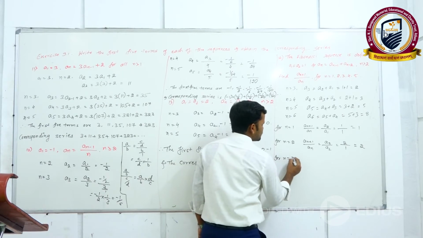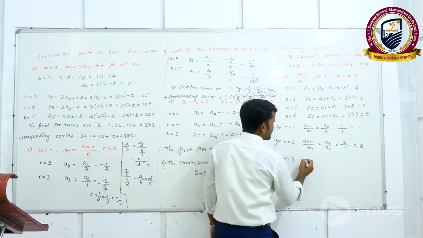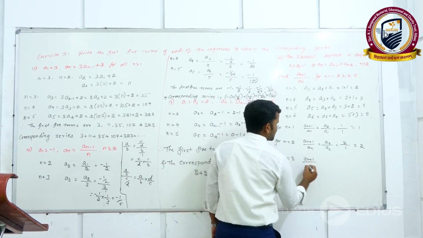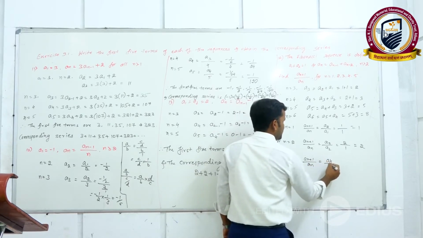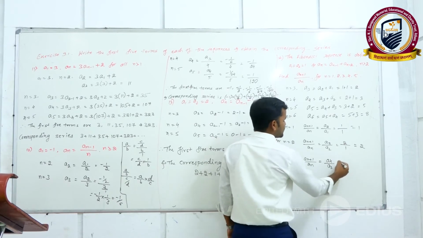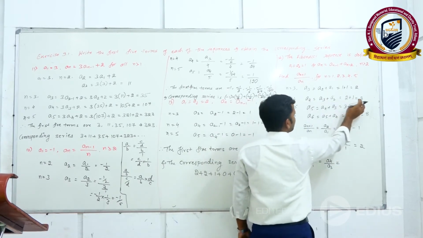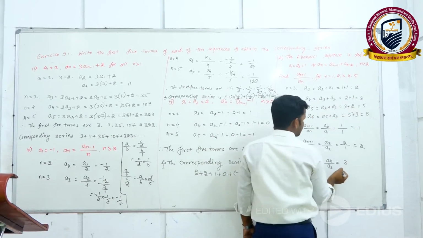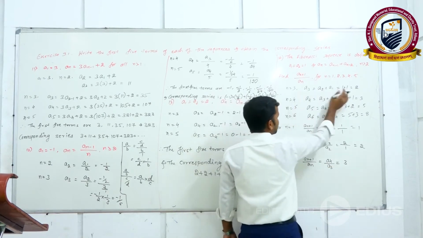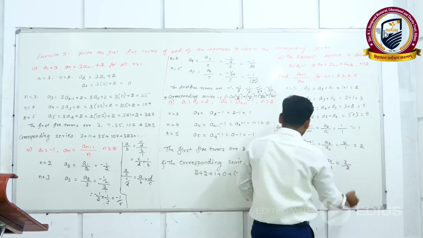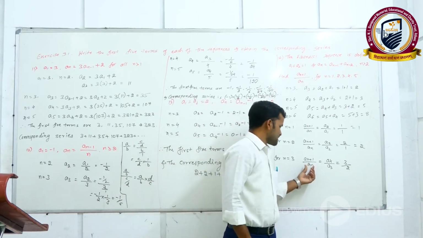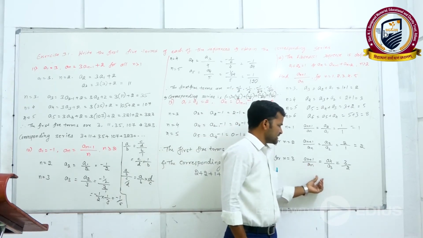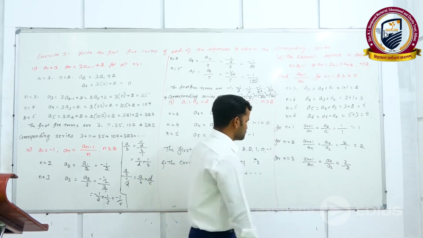For n is equal to 3, the term an plus 1 by an is a4 by a3. a4 value is 3 and a3 value is 2. So for n is equal to 3, the value of the expression is 3 by 2.